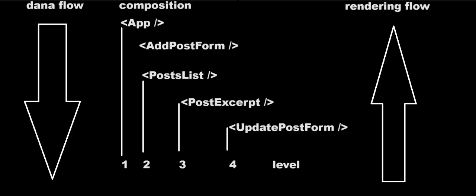Post list begins, and because the posts state has changed, and post by post, it is the reason that post excerpt changes, and post excerpt is re-rendered many times. Times how many posts exist in the array.